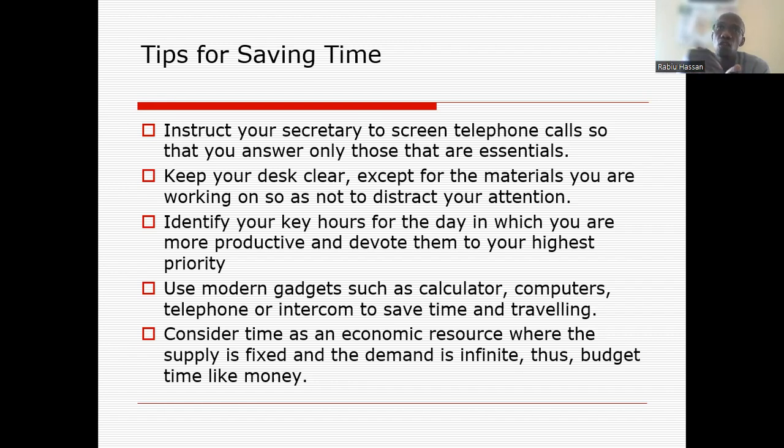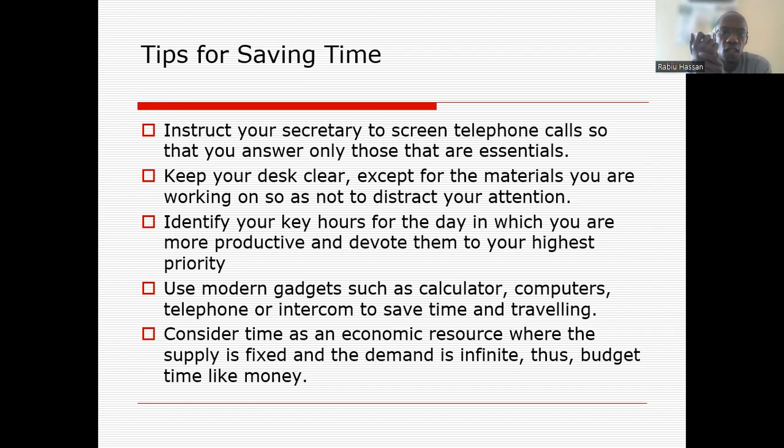You understand, so that when you put the most important activities first, you can be able to achieve them. And even if you cannot achieve the less important activity, at least the most important one has been achieved. So it's very important to arrange your activities so that you focus on the most important thing in the hours you are very much productive in.